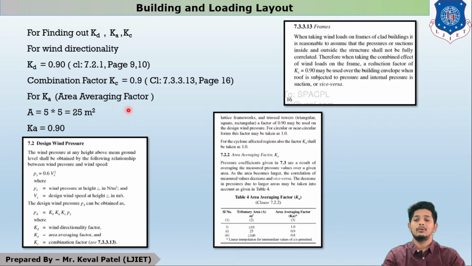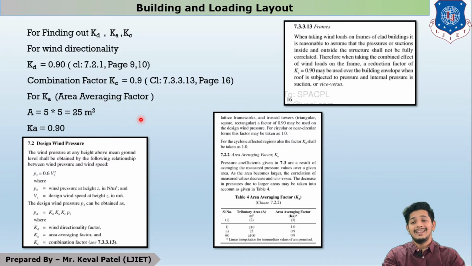For Ka we have to find out tributary area, and tributary area is taken as center to center column distance into center to center beam distance, and that is how we got tributary area as 25 meter square. And from clause 7.2.2 and table number 4 we can take Ka directly as 0.90. If the area is between 10 to 25 or 25 to 100, we can interpolate these values.